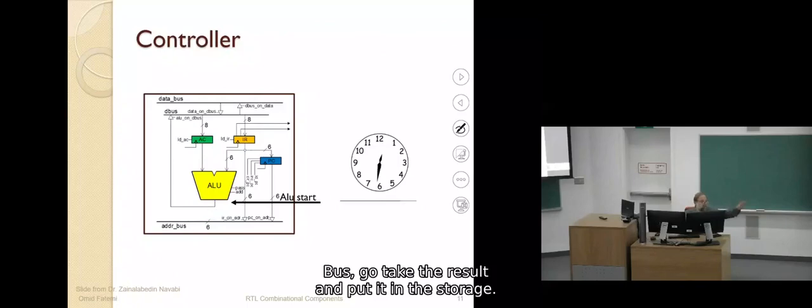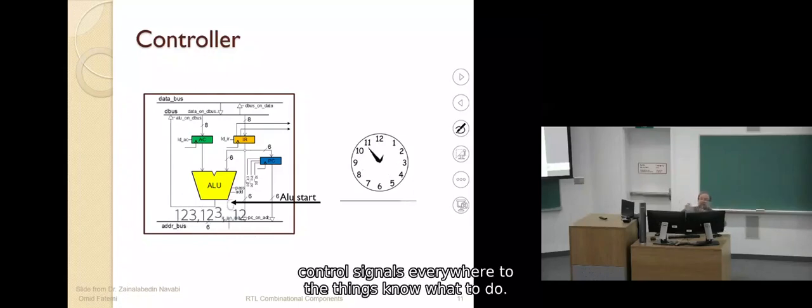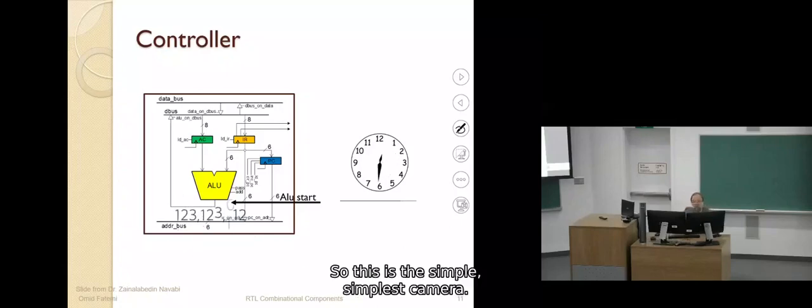Now bus, go take the result and put it in the storage. This is the control part, which has some kind of clock, timing, and then puts control signals everywhere so the components know what to do. So this is a simple block diagram of a design.